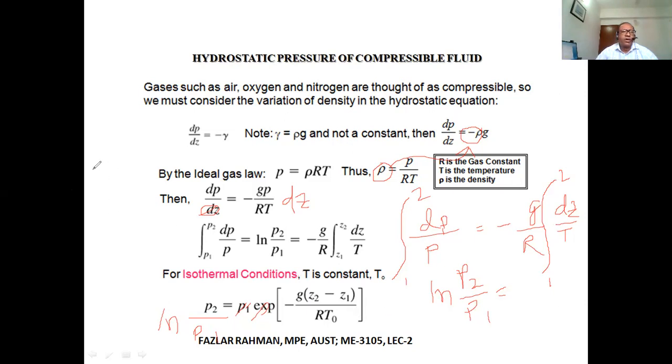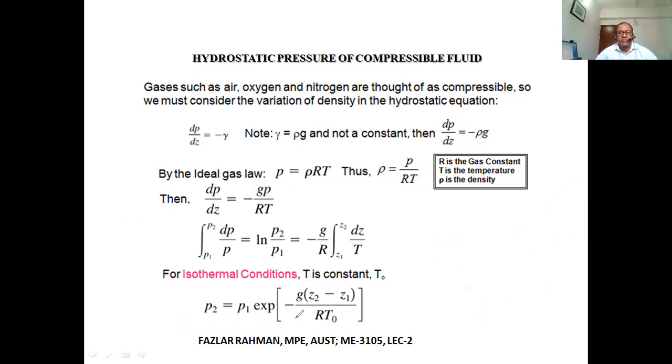If you have ln x equal to A, what will be the value of x? x equals e to the power A. So that's what they did over here. So you just have to figure out P2 by P1 will be e to the power of the right side. Then figure out P2.